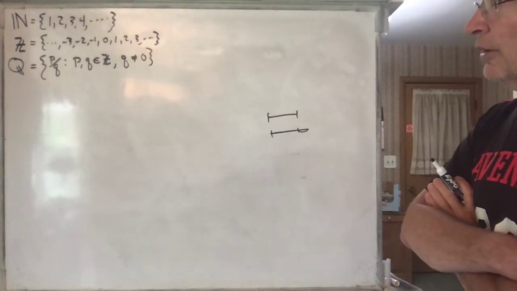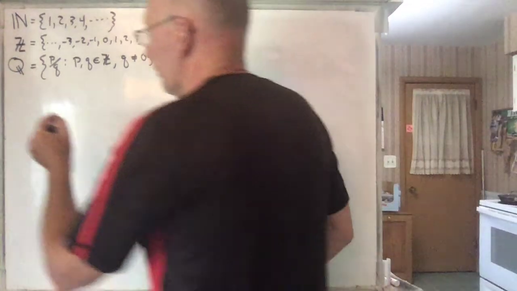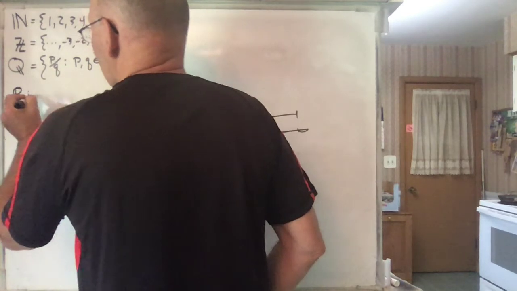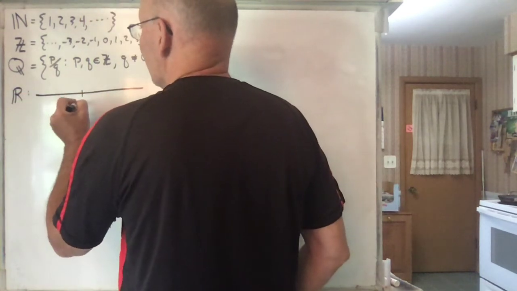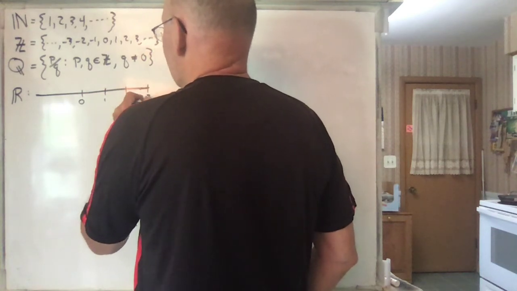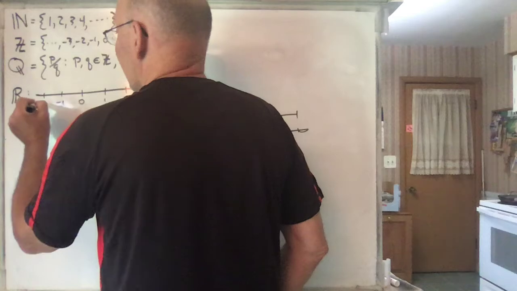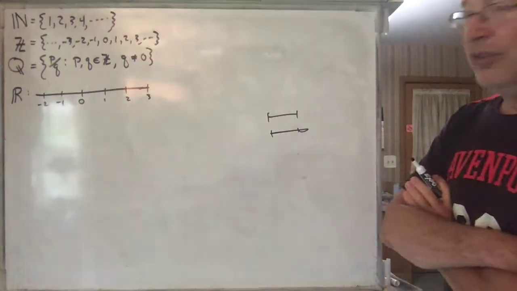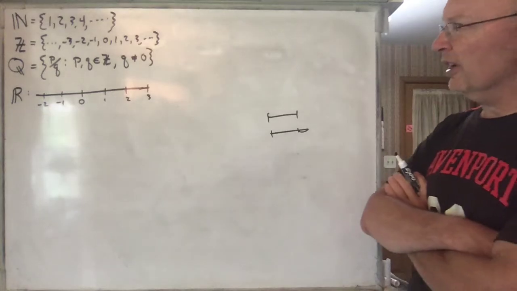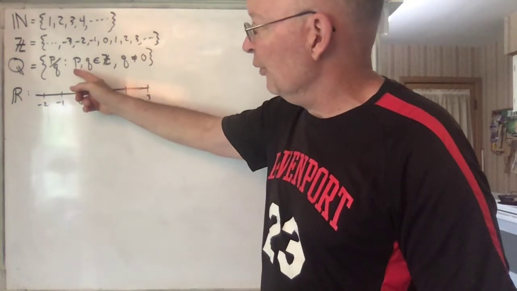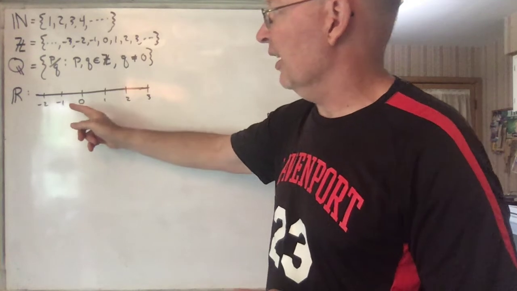And so then finally you have the real numbers, and the real numbers are the ones that correspond to the number line. So you have 0 here and 1 there and 2 there and 3 there and -1 there and -2 and so on. So you have all those. And so the first question that comes to mind then is, is there any difference between this set and this set?